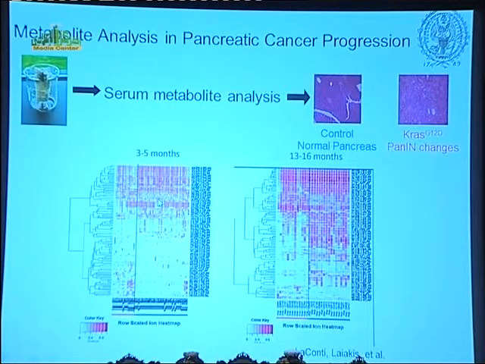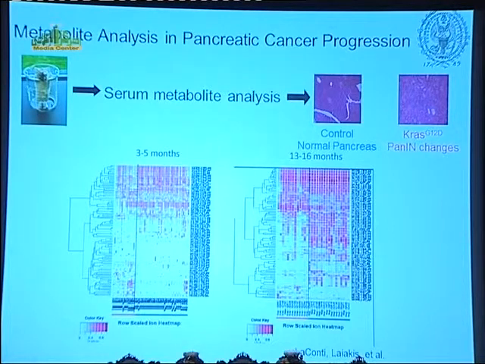On the right we have the mice that are starting to develop these early lesions. This is a heat map, with red being increasing expression of metabolites, and you can see a clear difference, with each column being an individual mouse. By the time we get to 13 to 16 months, you can see an even more pronounced difference.